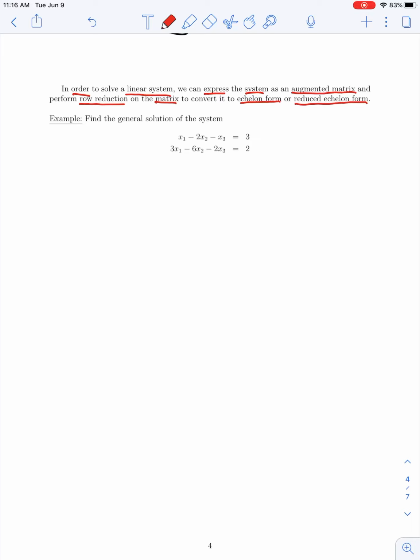All right. So let's look at an example of this. In this next example, we are asked to find the general solution of the following system. Here we have a system of 2 linear equations in 3 variables, x1, x2, x3. Now in section 1.1, we were only working with systems that had the same number of equations as variables. In this example, we see for the first time a system of only 2 equations in terms of 3 variables.